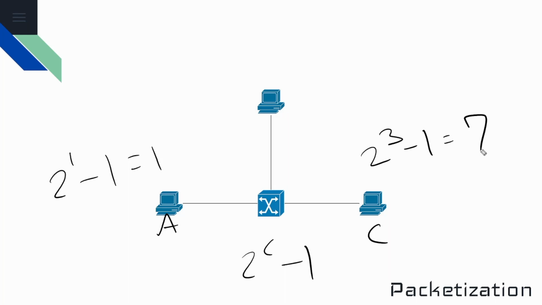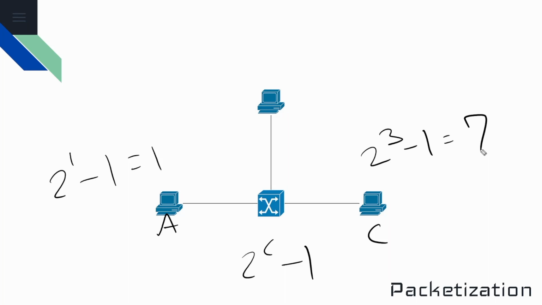So more than likely in this case, host A is going to end up retransmitting first because they're going to be selecting a random value between 0 and 1 versus host C that's selecting a random value from 0 to 7. And it should also be noted that C is limited to a maximum value of 10.